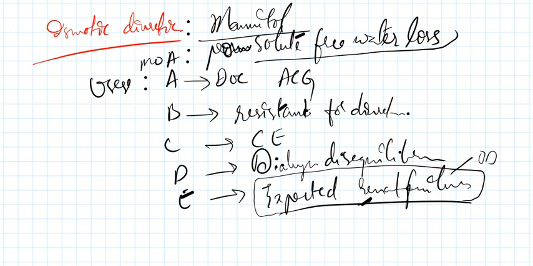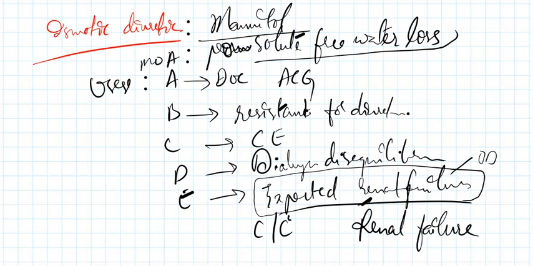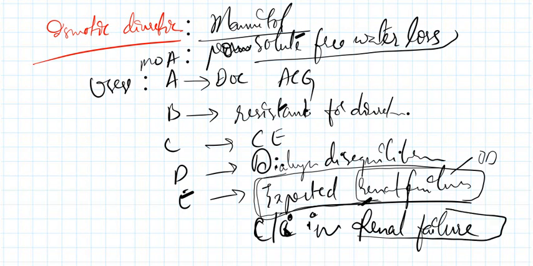If the patient already has renal failure, then mannitol is highly contraindicated. Remember this statement: mannitol is given only in expected renal failure, but is contraindicated if the renal failure has already been established.